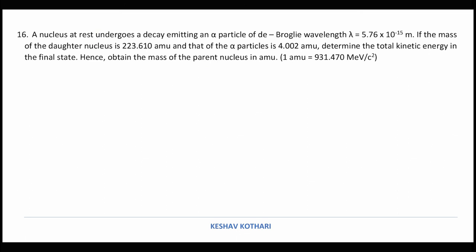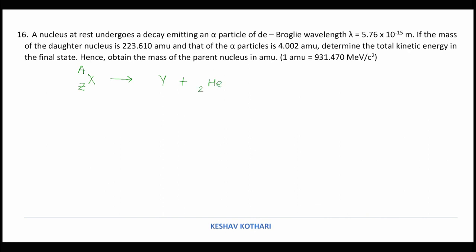So over here, the question is saying that a nucleus at rest is undergoing alpha decay. So I can begin the problem by writing the nuclear reaction that is involved. So I'm saying that a nucleus X with atomic number and mass number Z and A undergoes alpha decay.